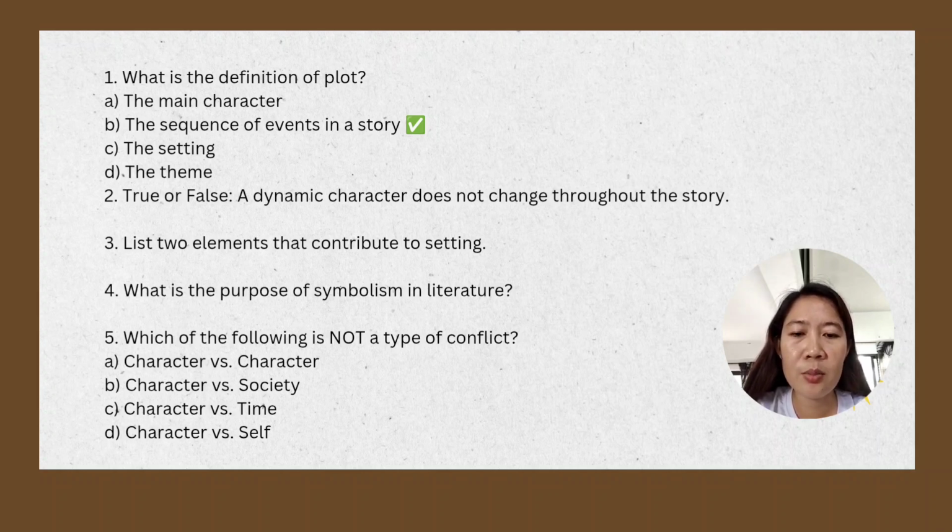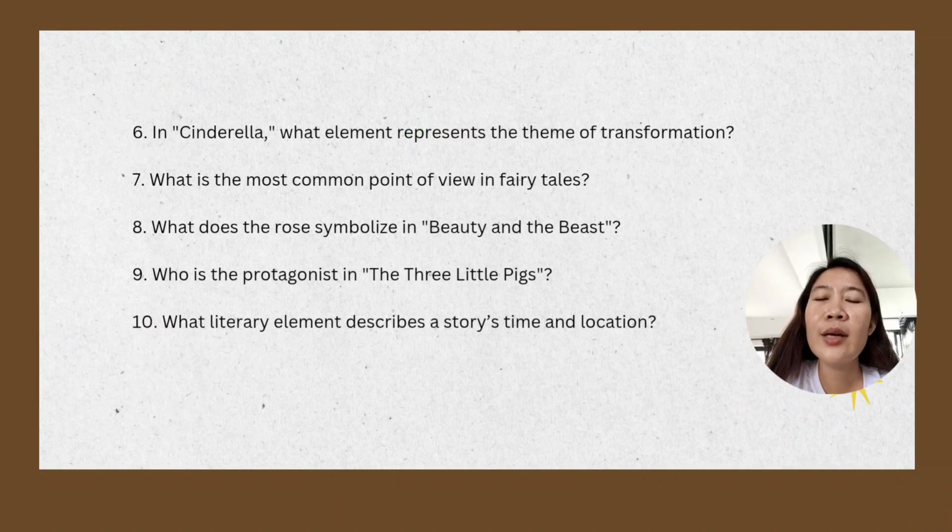So, okay, let's proceed. Are you having fun answering our quiz, class? Very good. So, let's proceed. Number 6. In Cinderella, what element represents the theme of transformation? Yes, it is the glass slipper.